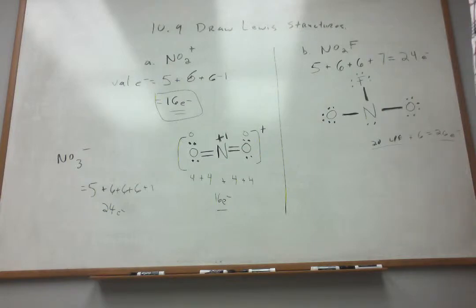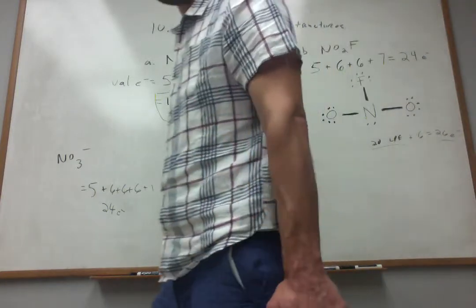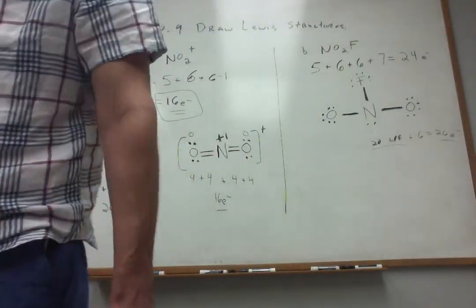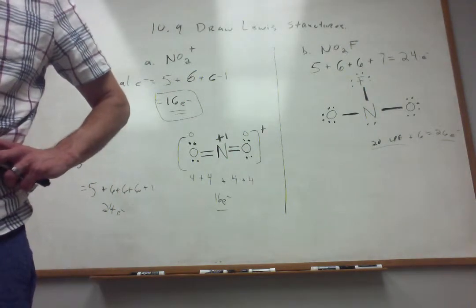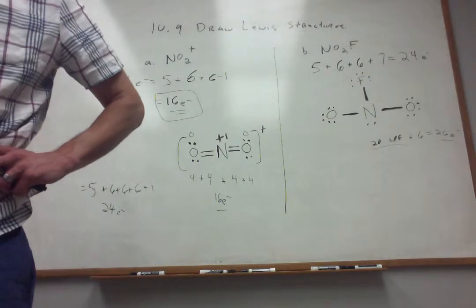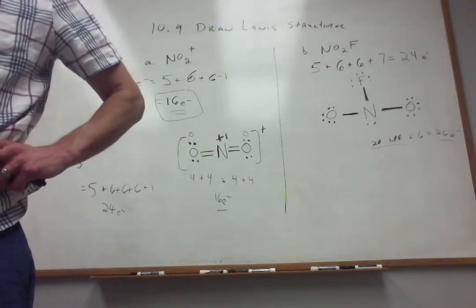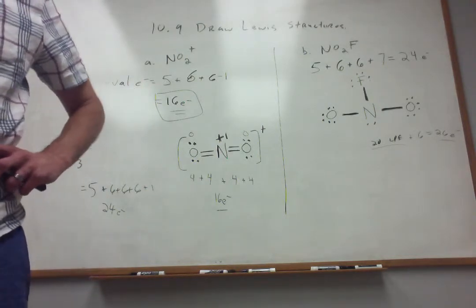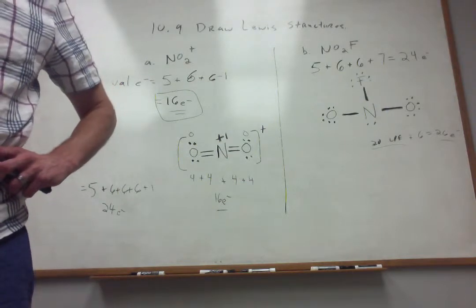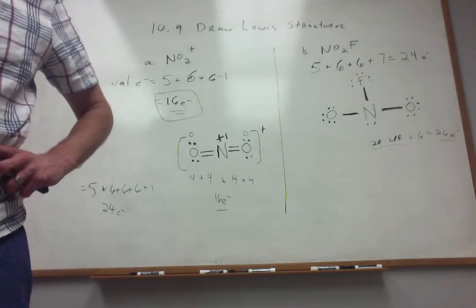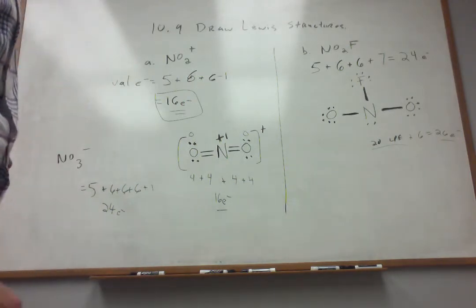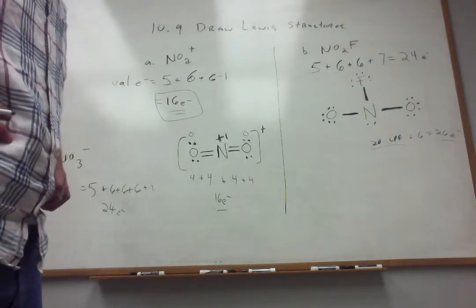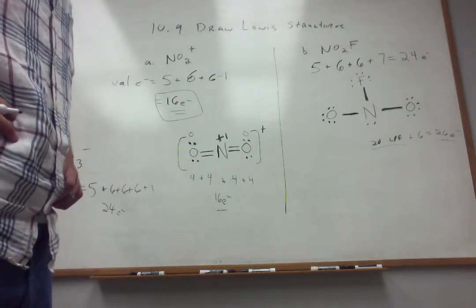That's not something I'm very happy about, because I've only got 24 to use, and the structure I've proposed suggests I've got 26. So I need to modify my structure. It's incorrect as it's currently written, and it's an important skill to recognize when a structure is incorrect and you have to modify it.